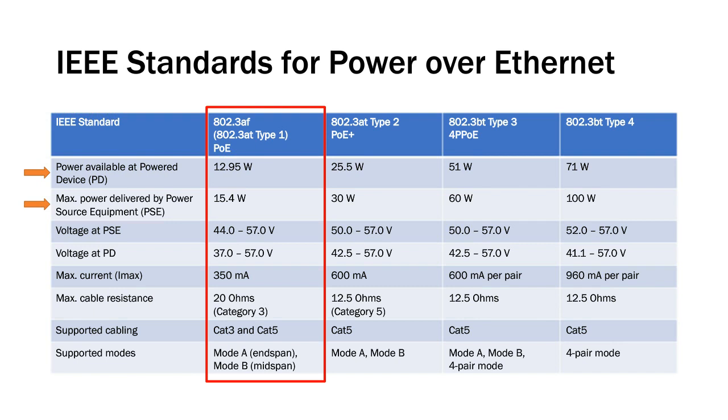But from the perspective of a device manufacturer like us, we're looking at the first row. We want to know what we can do with those 13 watts. Whereas the manufacturer of a switch is probably concerned about how much power they have to be able to guarantee delivery of, so they're going to be looking at the higher number.